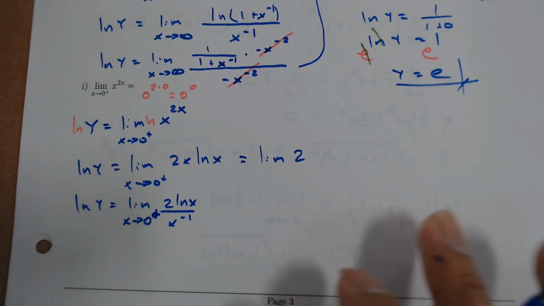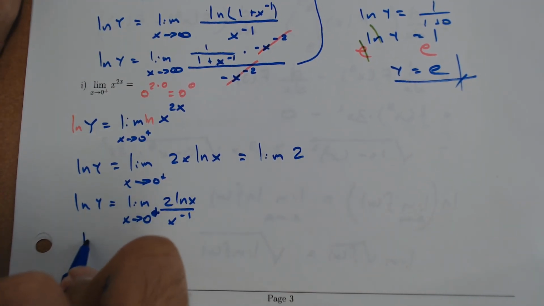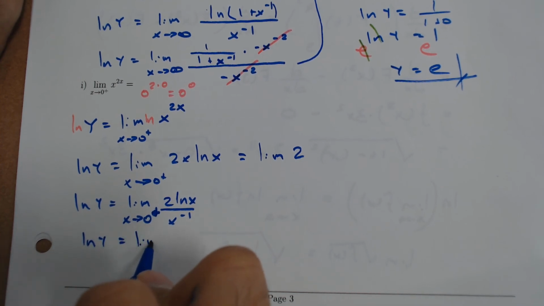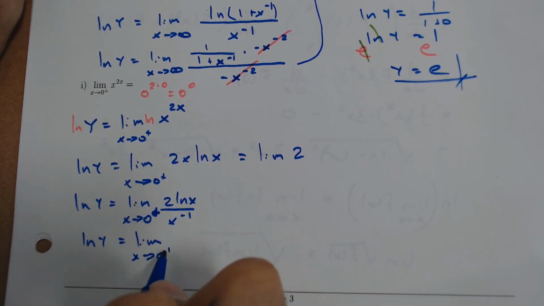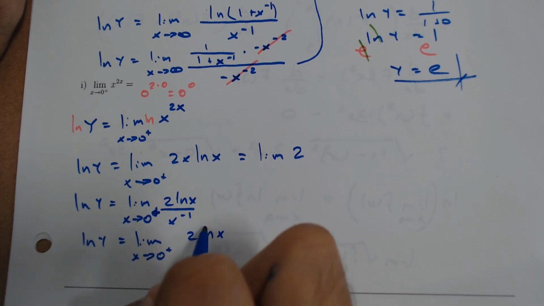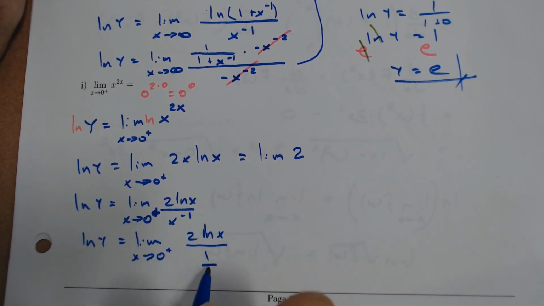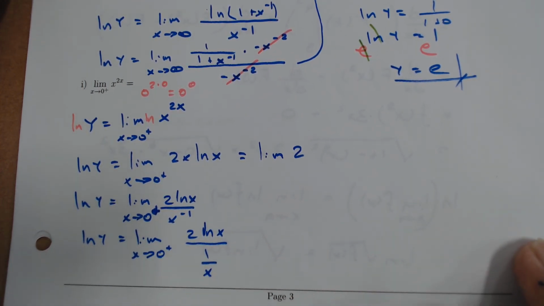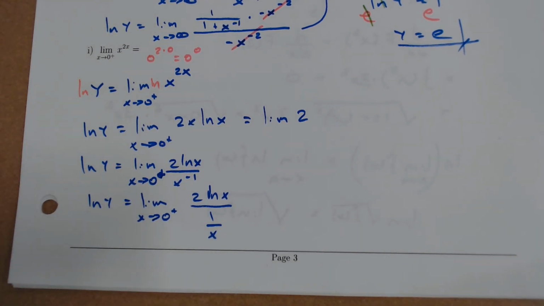Actually, it would be great if we rewrite it in this case to ln x over 1 over x. And there's a really big purpose of having that plus on the top of the 0. You will see why.